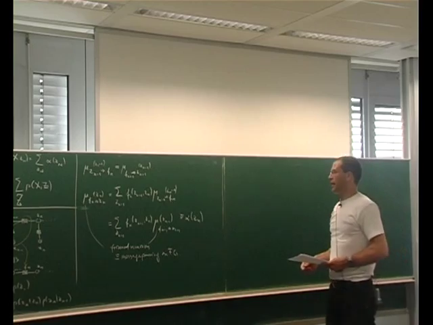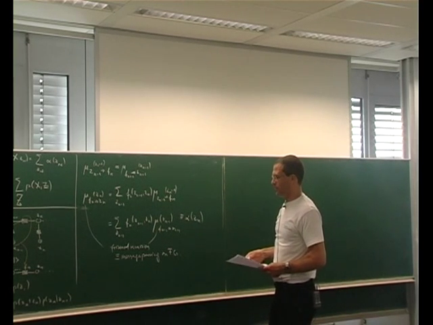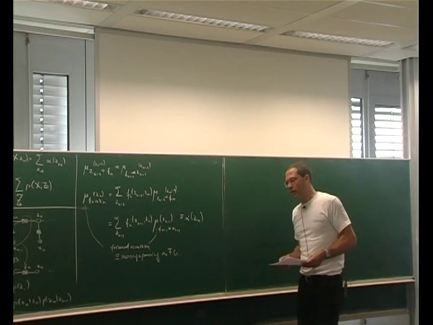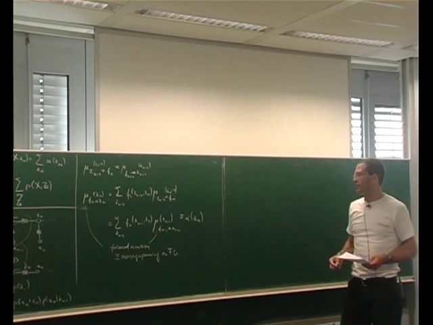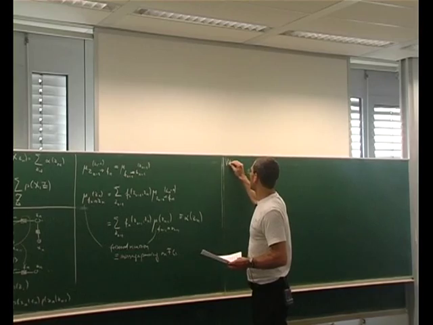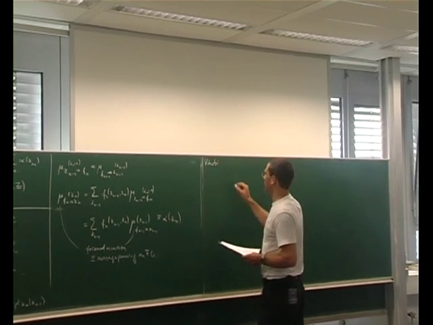Okay, now sometimes you may be interested in finding which sequence of hidden states is most likely to have generated the observations. And this used to be known, or is still known in the field of hidden Markov models, as the Viterbi algorithm.